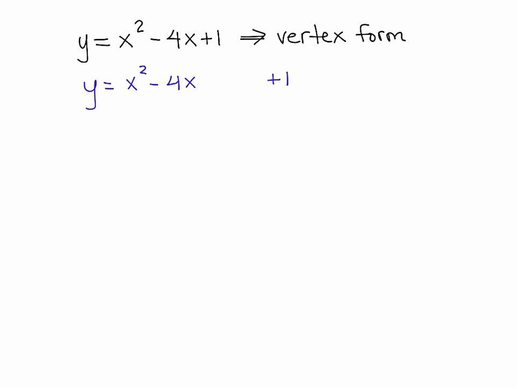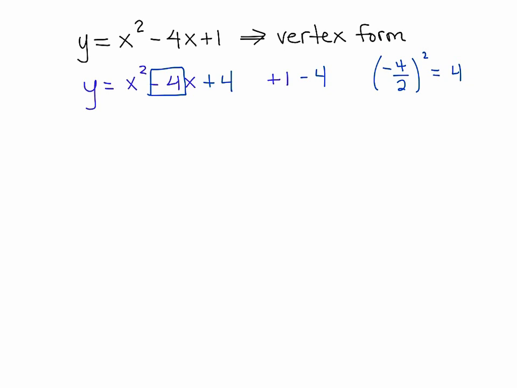Remember, we usually take the term b, divide it by 2, then square it. Negative 4 divided by 2, and then square that number. We get 4 as an answer. So we're going to add 4. Since we're adding 4 onto this equation, we're going to subtract the 4. So in that way, we're not changing the whole equation.